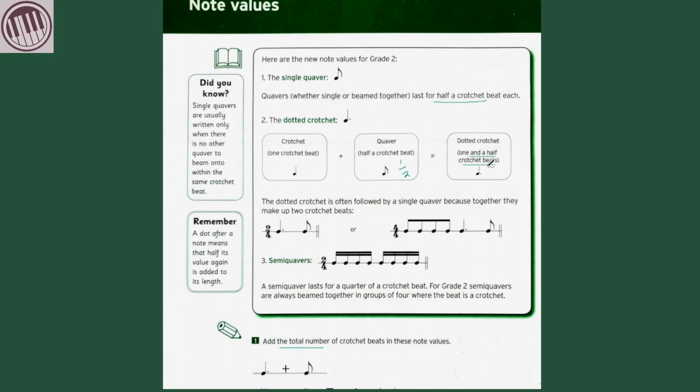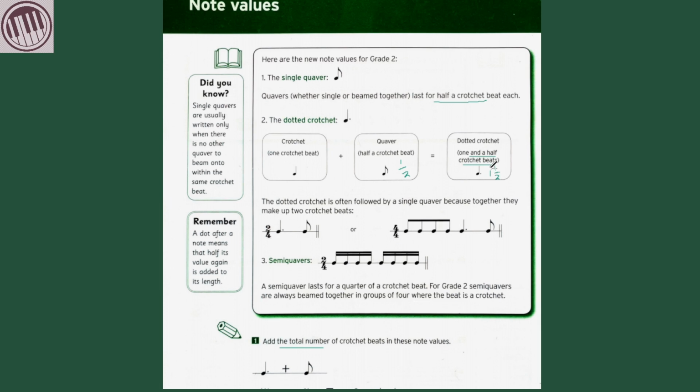And if you have a dotted crotchet, that means half of a crotchet will also be added. That means a crotchet has a full beat. The dot means half of that beat. So this total count will be 1 for crotchet and the dot will have an extra half. So the total count will be 1.5 counts for the dotted crotchet.